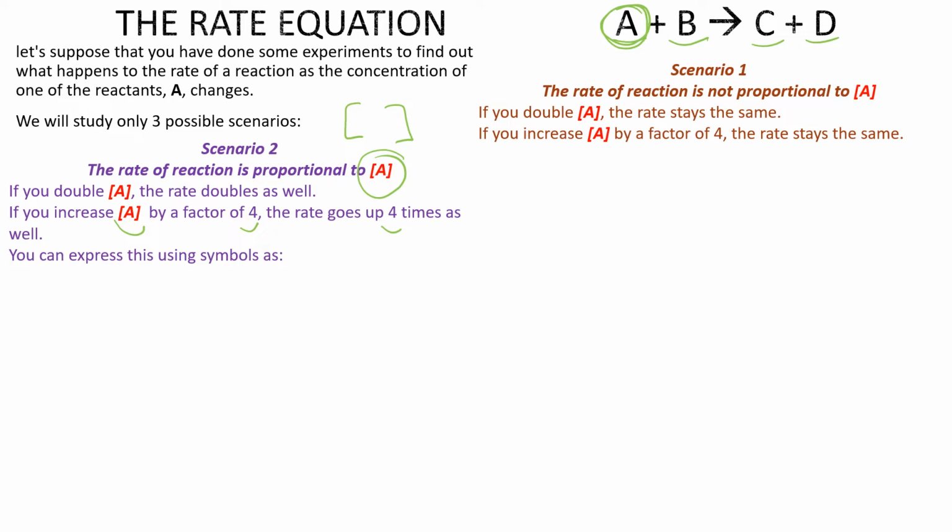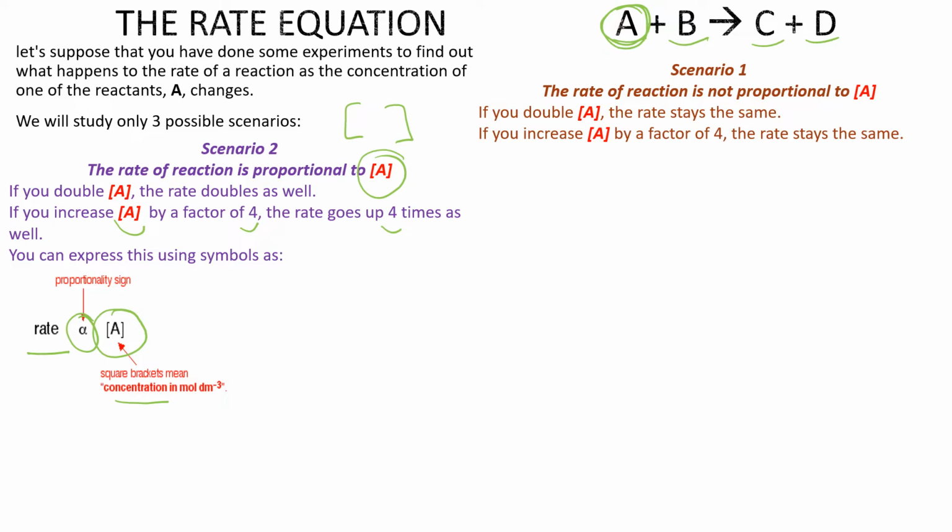We can write an expression: rate is proportional to the concentration of A, where square brackets mean concentration in mole per dm cube, and this is the proportionality sign. We will borrow something from mathematics here. If we would like to remove the proportionality sign, we have to use a constant.